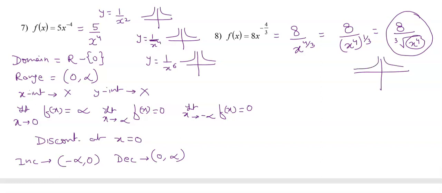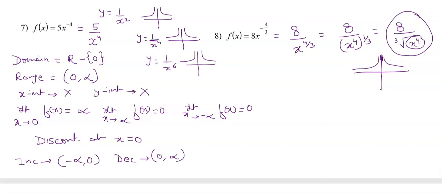Good. There were 2 points we considered: whether x is positive or negative, the y value gives the same result for both positive or negative x. That was point number 1. Point number 2 is that whatever the value of x, the y value will always be positive.